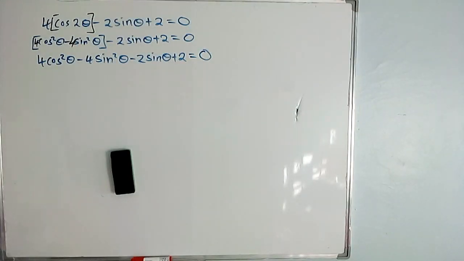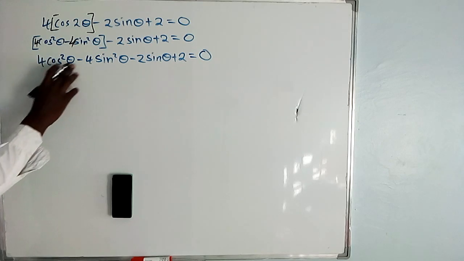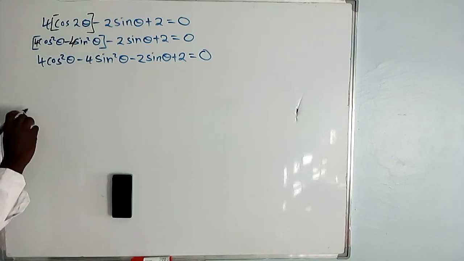Now step 2, you now ensure that you are using a single trigonometric identity. The second step is to ensure you are using a single trigonometric identity. To do that, use the Pythagorean identity, because it is the Pythagorean identity that relates the cos and the sine, isn't it?